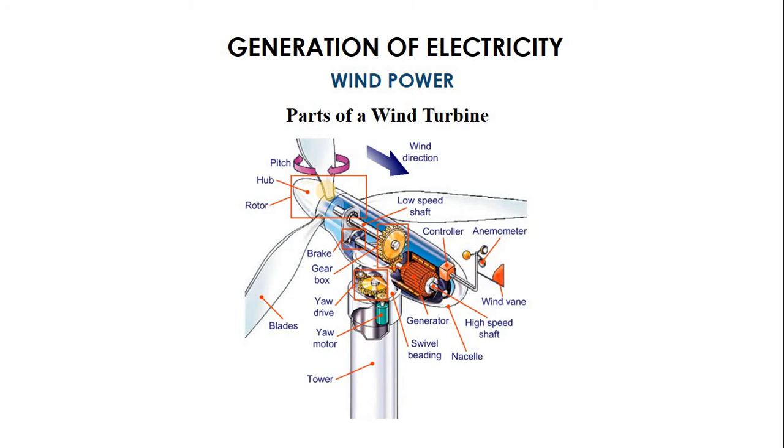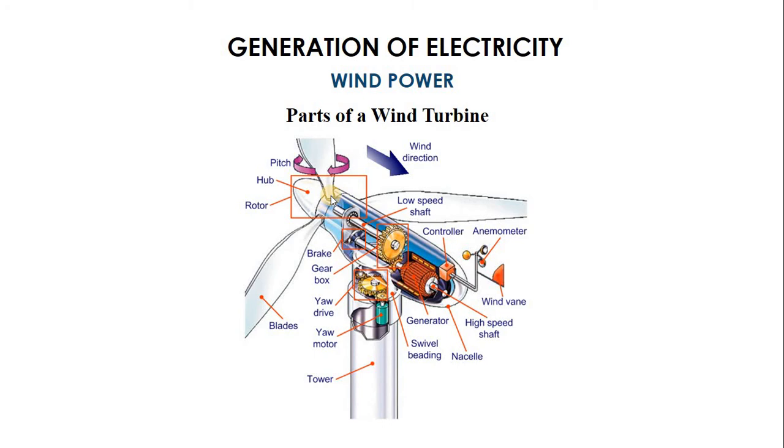For turbines, you can either have a fixed pitch or a variable pitch. When I talk about a pitch, a pitch is talking about the angle at which the blade is mounted on the hub. So if it's a fixed pitch, it means that the blades are mounted at a fixed angle, cannot be changed.